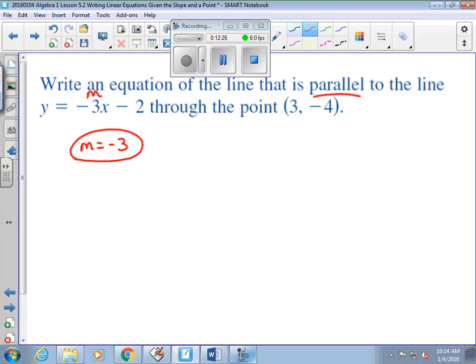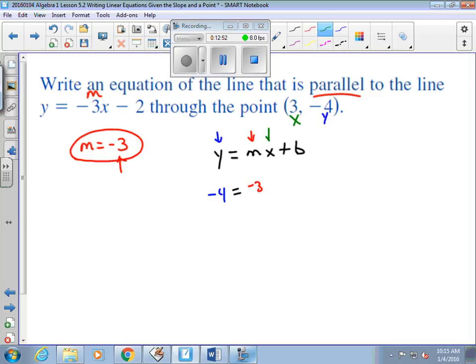So if y is equal to mx plus b, we're going to plug in each of the values that we have to find what we don't have. Y's value is negative 4. So in place of y, negative 4 equals m's value, negative 3. So in place of m, negative 3. X's value is 3.